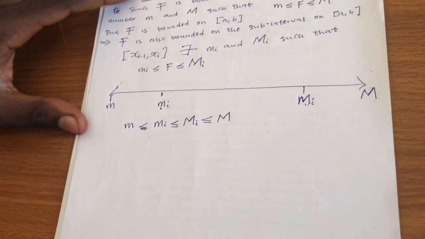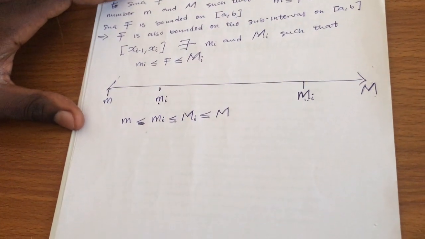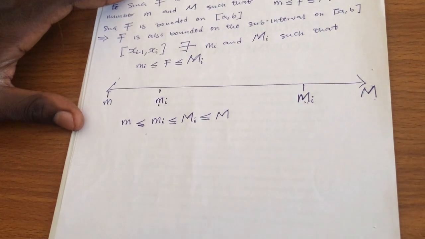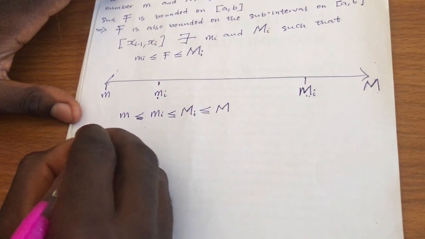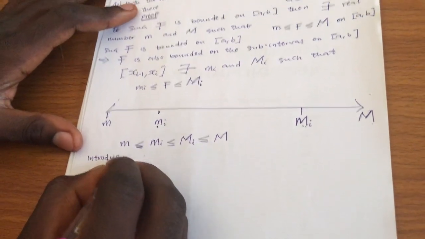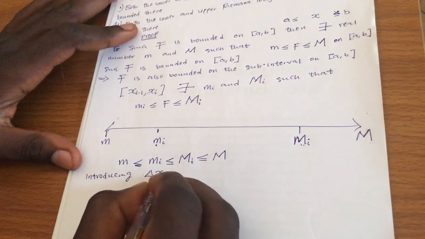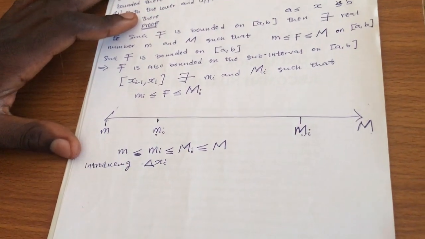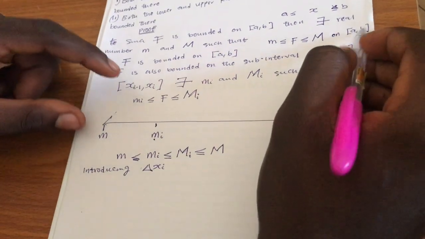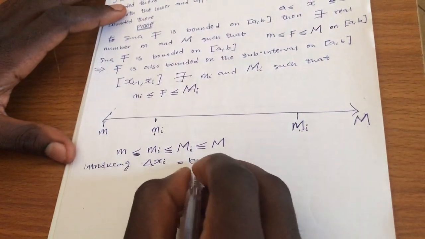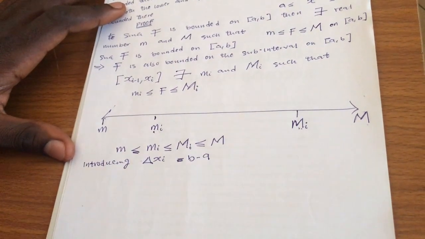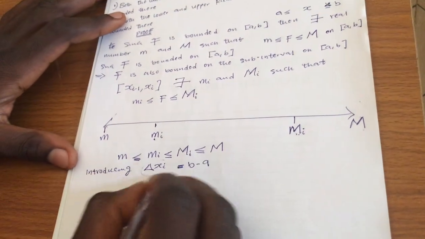Now, let's multiply through the above inequality, introducing change in x_i. And you know, change in x_i, working on this interval, it can be b minus a. You understand? So let's introduce this.